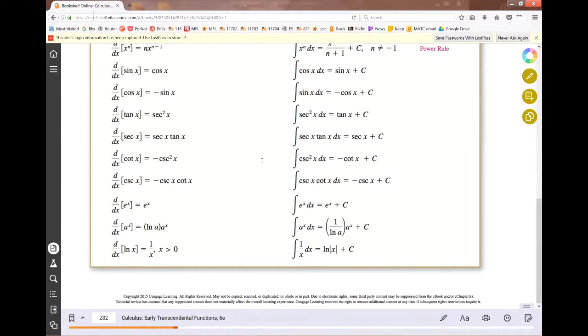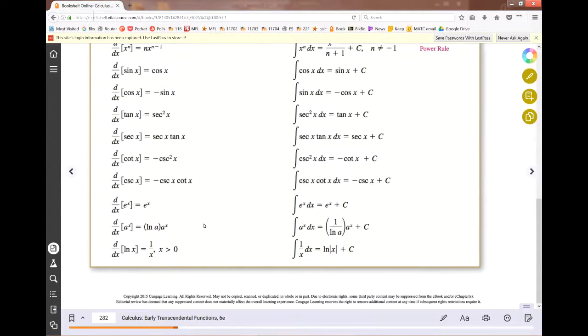When you take the integral of some constant to the x power with respect to x, that's equal to 1 over the natural log of that constant times what it was originally. So it's itself divided by the natural log of its base. And then, of course, we've got the plus c.